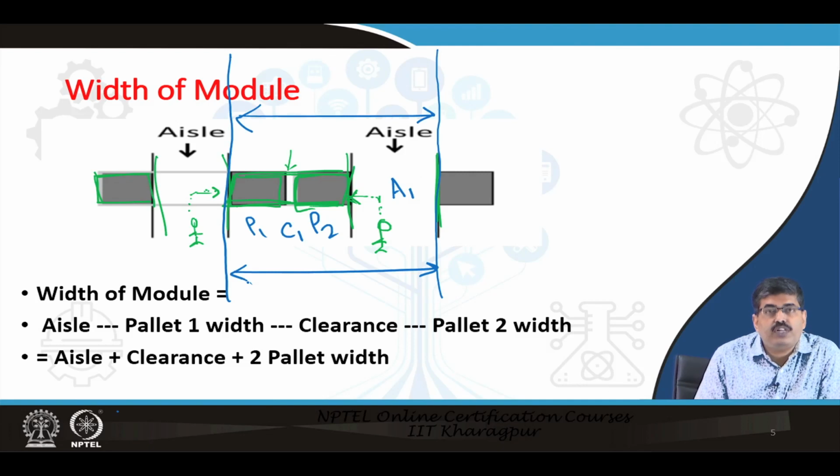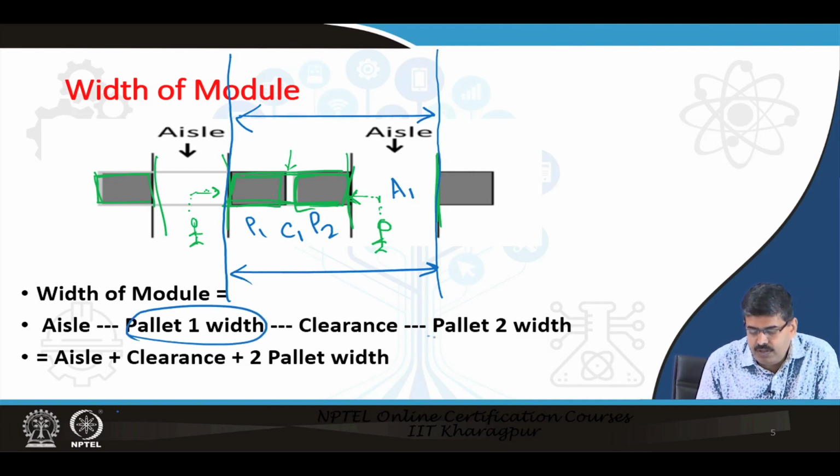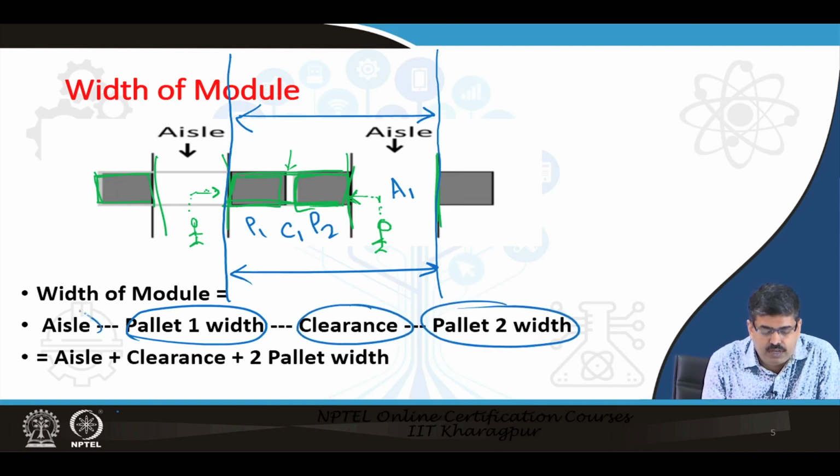This is my width of the module. Pallet 1 width, clearance, pallet 2 width, aisle width. This is the sequence.